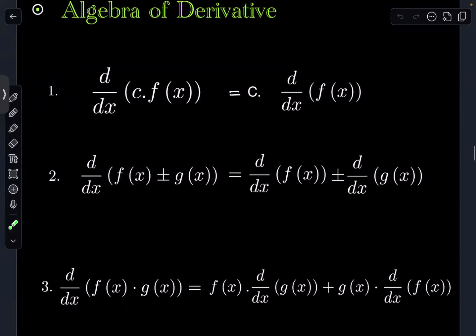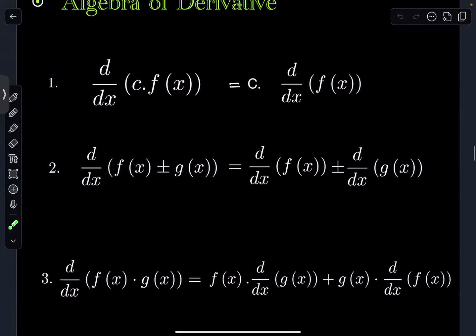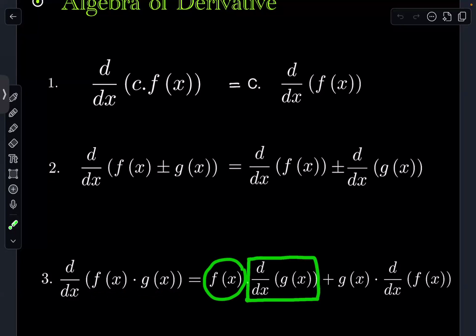The third point of algebra says if you differentiate the product of two functions, then it will be the first function unchanged multiplied with the derivative of the second function plus the second function unchanged multiplied with the derivative of the first function.